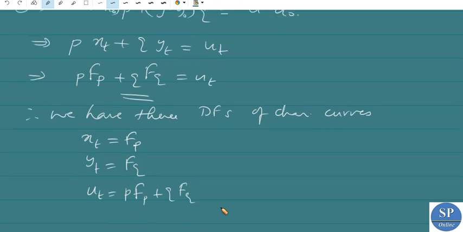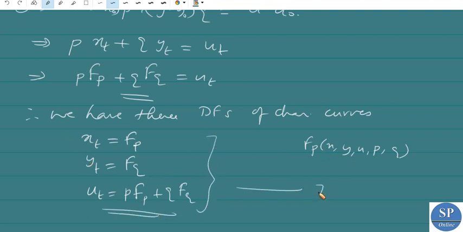Here these are functions of x, y, u, p and q. So we have obtained these differential equations for characteristic curves.